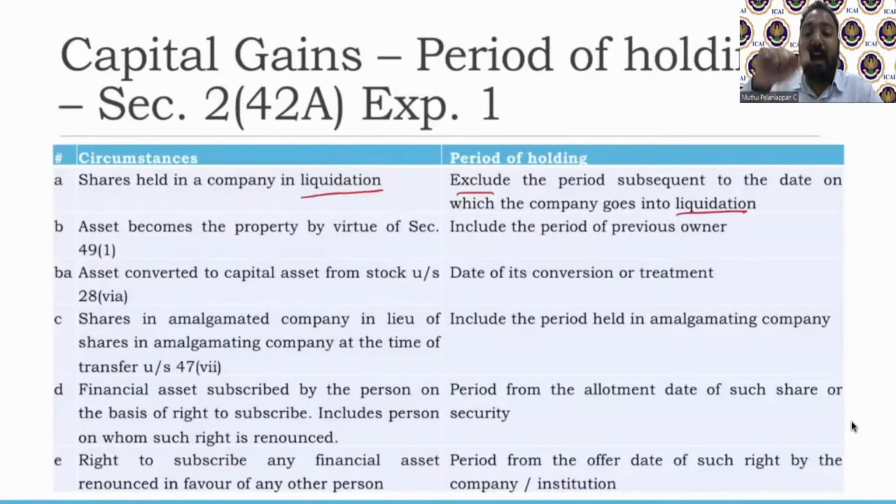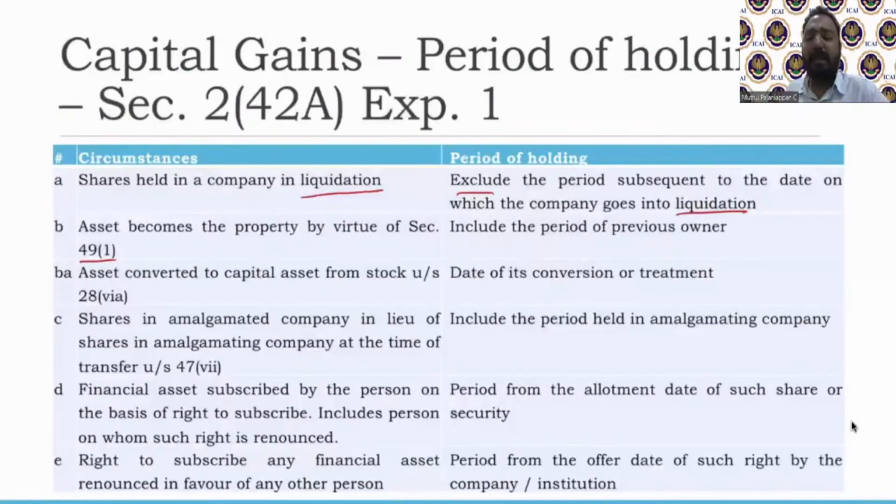So any period after that date needs to be ignored. So you're not waiting for the last date in which your share was transferred. Your actual transfer date will be the date in which company went into liquidation. So that will be the actual date. So that's the liquidation.